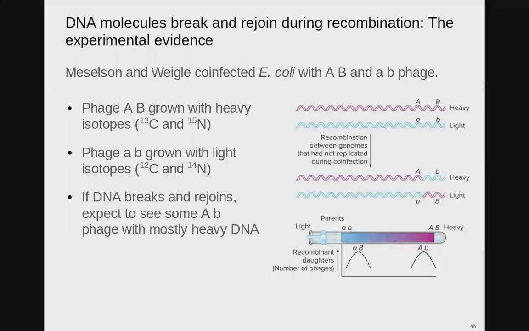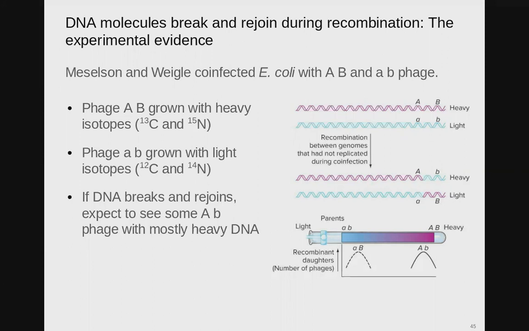So let's talk about this idea of recombination. Meselson and Weigle, so you might remember Meselson from one of our previous slides in this class. They co-infected E. coli with an AB and an ab phage, so big A, big B, and little a, little b. They infected E. coli with 2 distinct phages, 2 distinct genotypes.